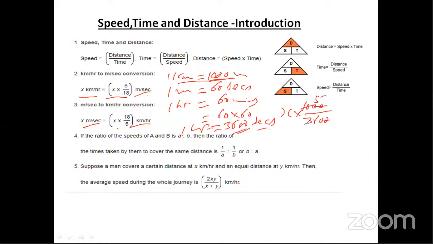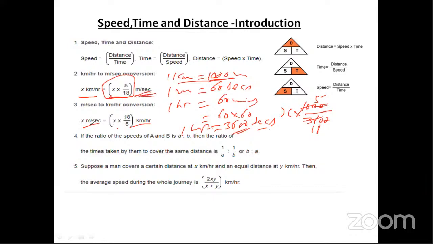This is like 5 by 18, so X into 5/18 is what we will use. So straight away you can use the shortcut: instead of writing everything, you can directly do X into 5/18, and then you will get the value in meter per second.